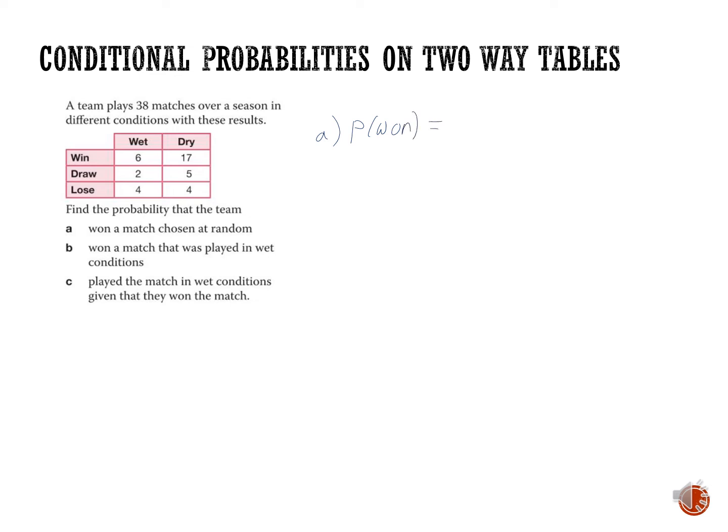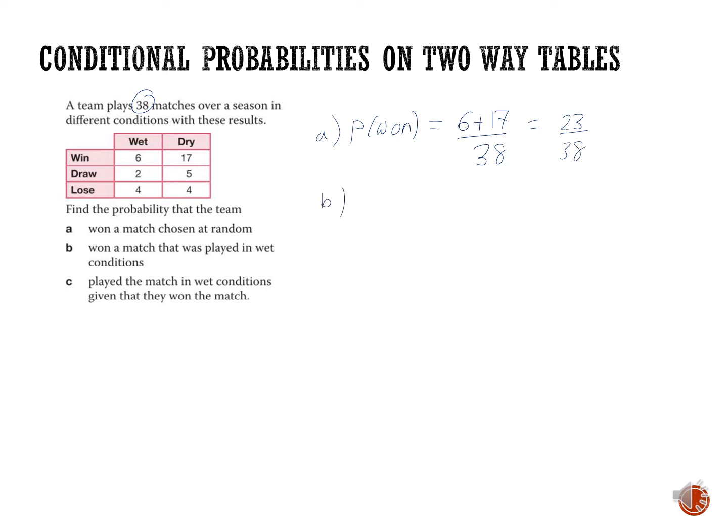So we're going to have a look at how many matches did we win? 6 plus 17, out of, we could add up all the numbers, but if you read the question at the top, it tells you it's out of 38. Leave it as a fraction, much nicer as a fraction, not particularly nice decimals.